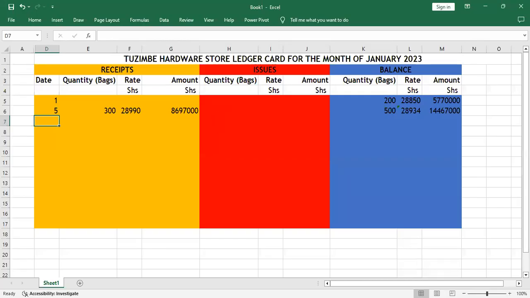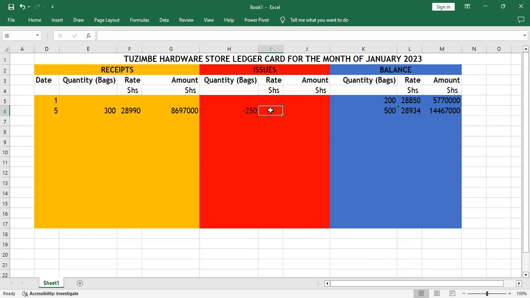So we are issuing out how many bags? 250 bags of cement. So we record under the issues. Now, when you're issuing out, of course, your inventories, your stock will reduce.